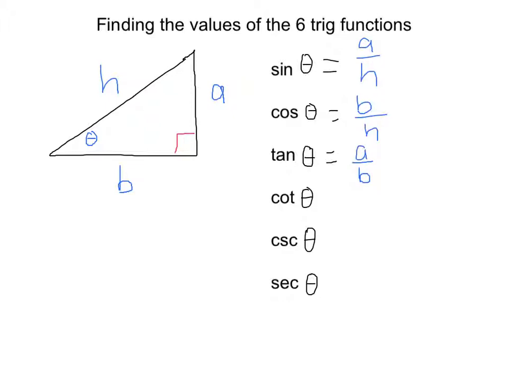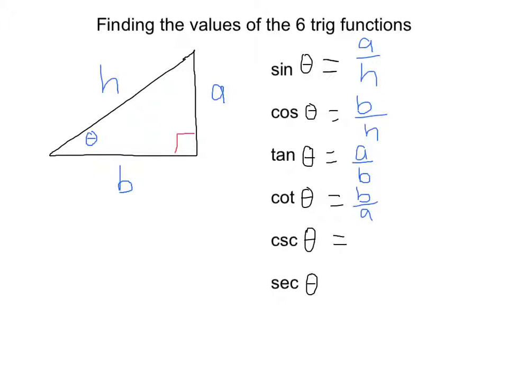Next we have cotangent, which is the reciprocal of tangent. So in this case, cotangent would be b over a, meaning the adjacent side over the opposite side. Next we have cosecant of theta, which is the reciprocal of sine of theta.